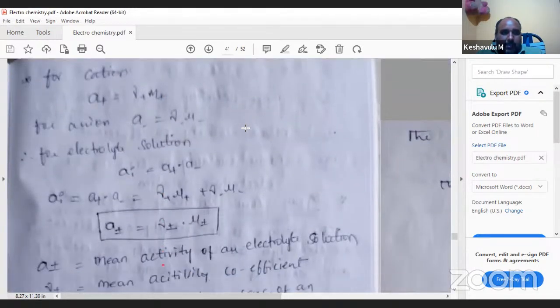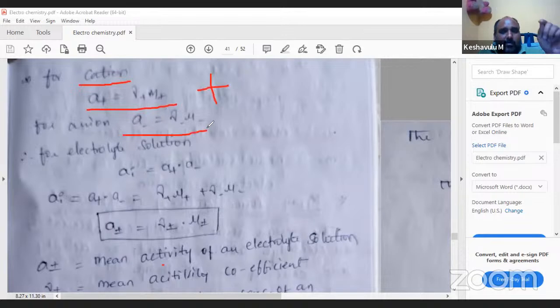Here, the activity concept may be applicable for only one ion, that is a cation represented with a positive charge. A plus is equal to gamma plus and M plus, that is activity coefficient for cation times concentration for cation, or else for anion, A minus is equal to gamma minus into M minus.